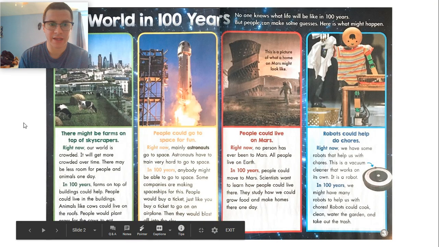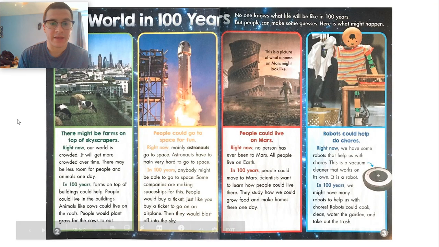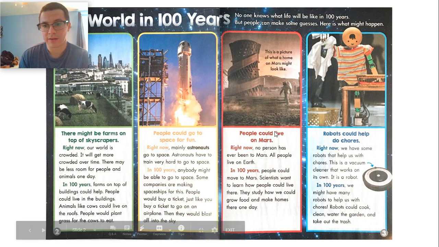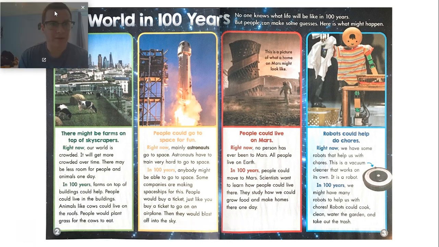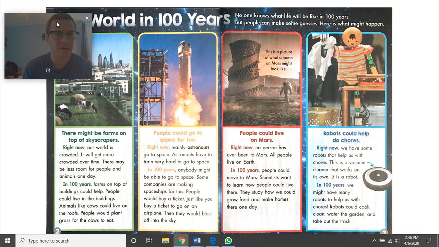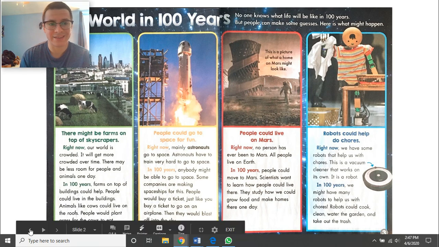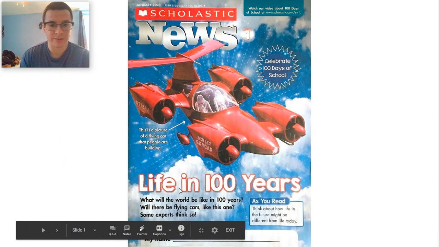Let's go inside. Ooh, we have headings for sure. These are the headings on top of or before each section of the article. So we've got four smaller headings. We have this up here that says the world in 100 years. That's a larger heading because we know that that's not the title because this is the title right here.